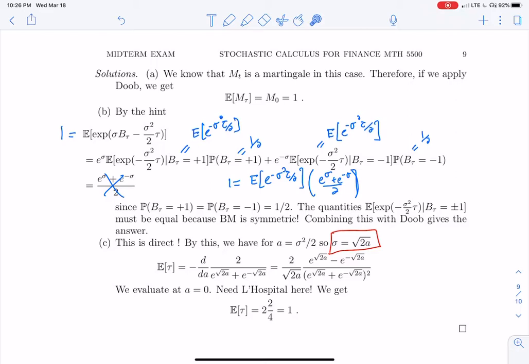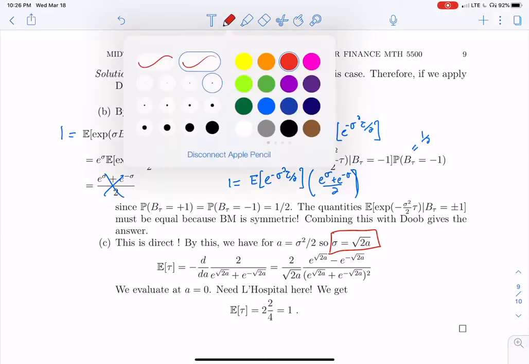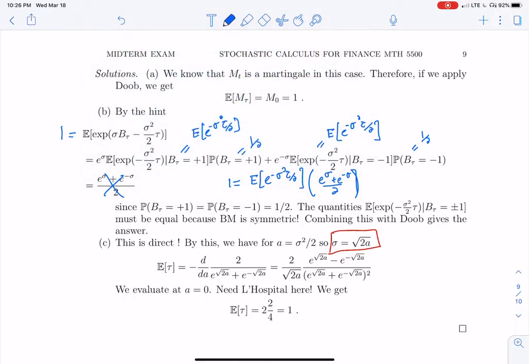So first of all, how do I know the expectation of M tau is 1? Well, we apply Doob's optional stopping. So remember that for a martingale, you always have that the average is constant. In that case, the position at time 0 is actually 1. It's not 0 because it's exponential.